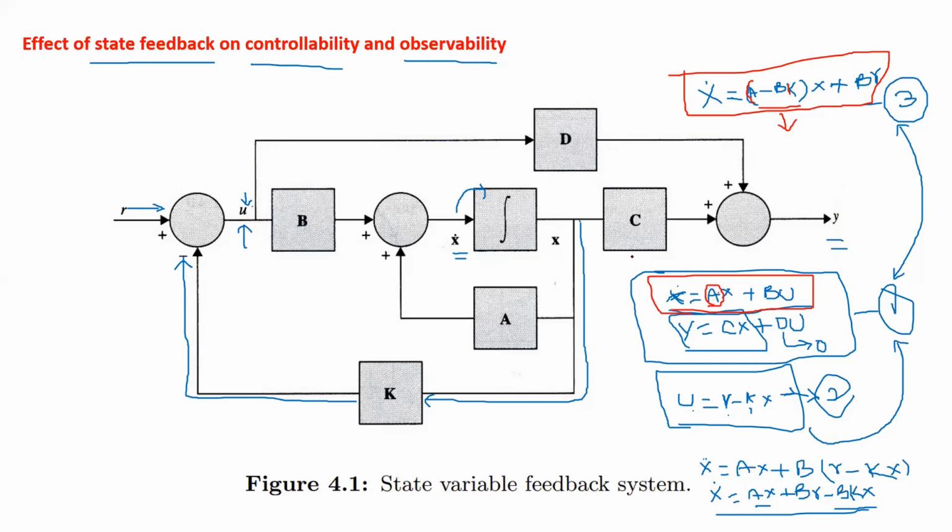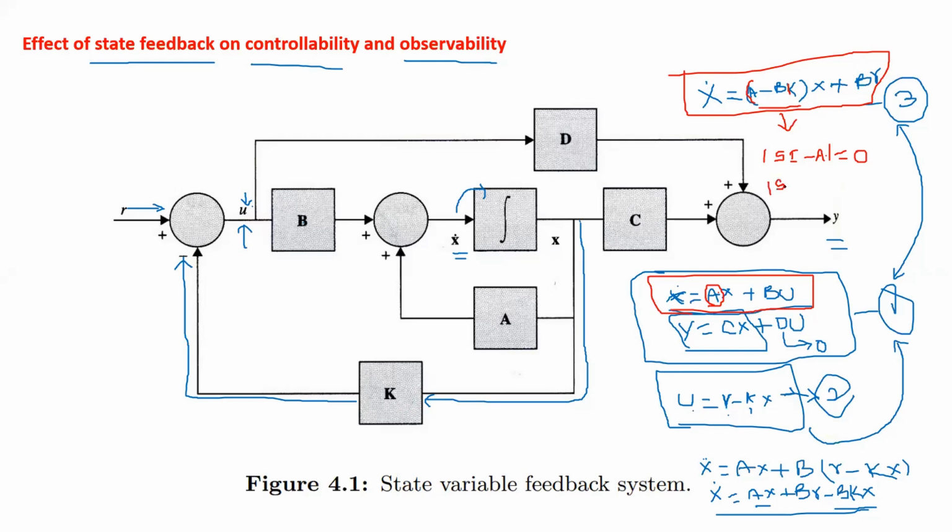Before connecting this feedback, what is the characteristic equation of the state equation? Before connecting the feedback, the characteristic equation would be mod of SI minus A is equal to 0, right? After connecting the state feedback, that is after connecting the K value, what is the characteristic equation?